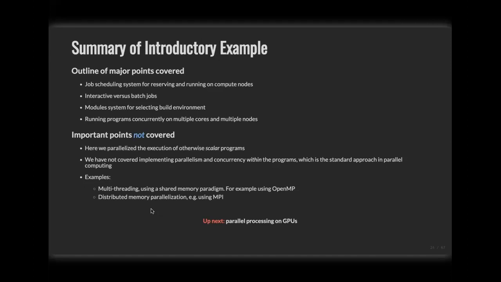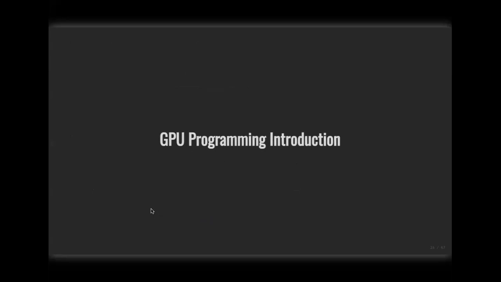But one other way to implement parallelism in your code is to use a GPU, which has by design some features which help parallelism. Okay? So this segues me into my introduction on parallel processing on the GPU. Okay, GPU programming introduction.